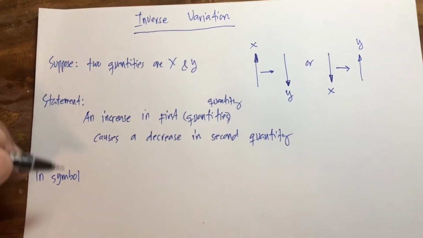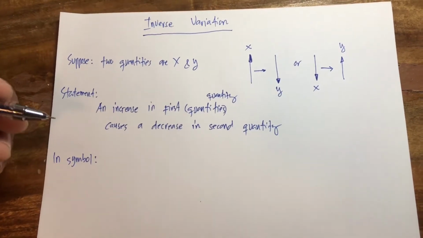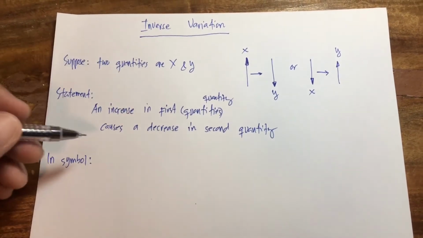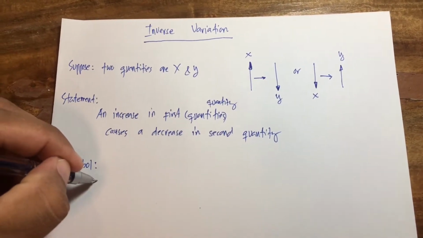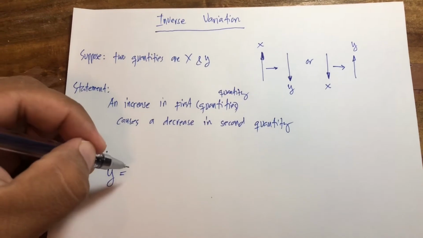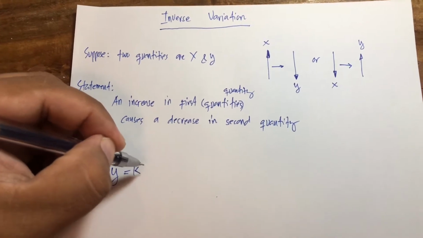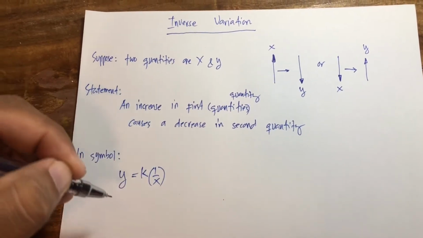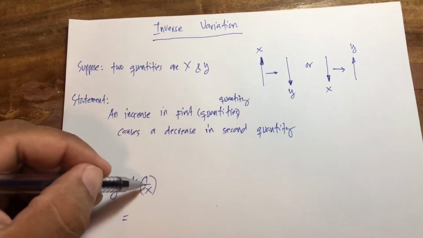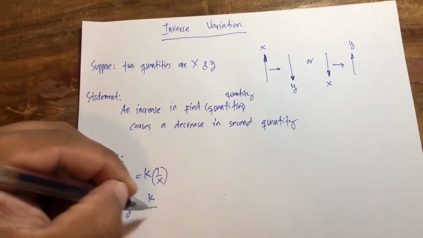This is where we will define inverse variation. The inverse variation looks like this. In symbols, say we have two quantities, y equals the product of our constant k and the inverse of the other quantity. So to simplify, y equals k times 1 over x, which is simply y equals k over x.